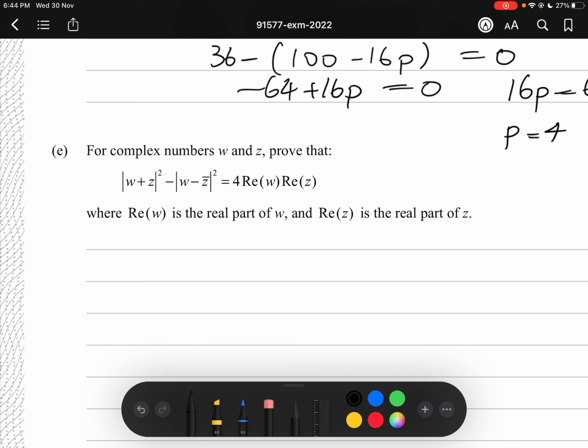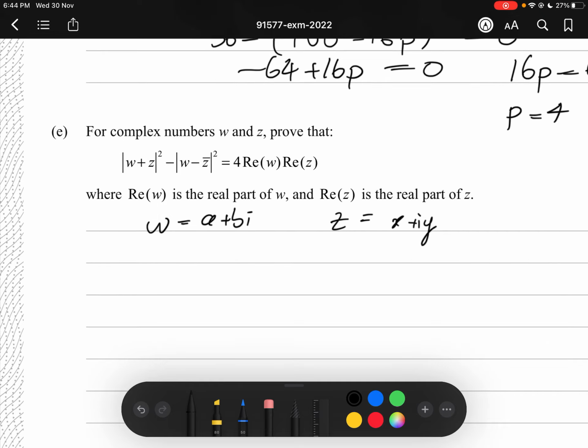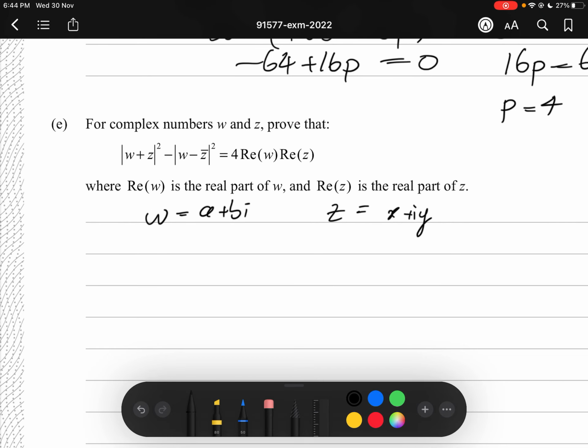So we say let w be a plus bi, just arbitrarily, and we'll say that z equals x plus iy. Alright, so what's w plus z? w plus z is just equal to a plus x plus b plus y times i. That is w plus z.